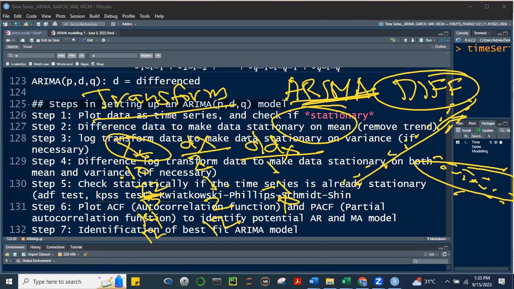Now, why will I do that? Because if you don't, you cannot use ARIMA. You will have to difference the data. Now, what if after you difference, you still have non-constant variance? It's still fanning out. Then that's the time you get the log. So one way to address the non-constant variance is to get the log of the data. Let me repeat that process.